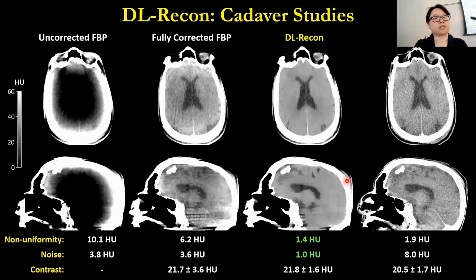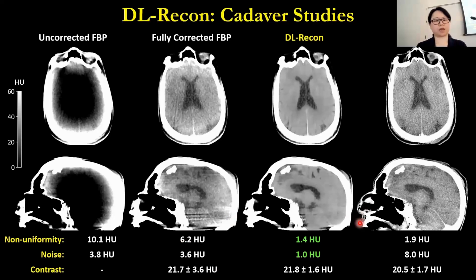Here we show the DL-Recon method for a cadaver data, where we measure the non-uniformity and noise within the brain region, as well as the contrast at the lateral ventricle. And we see that the fully corrected FDK was able to reduce the non-uniformity, but still shows a similar level of noise.